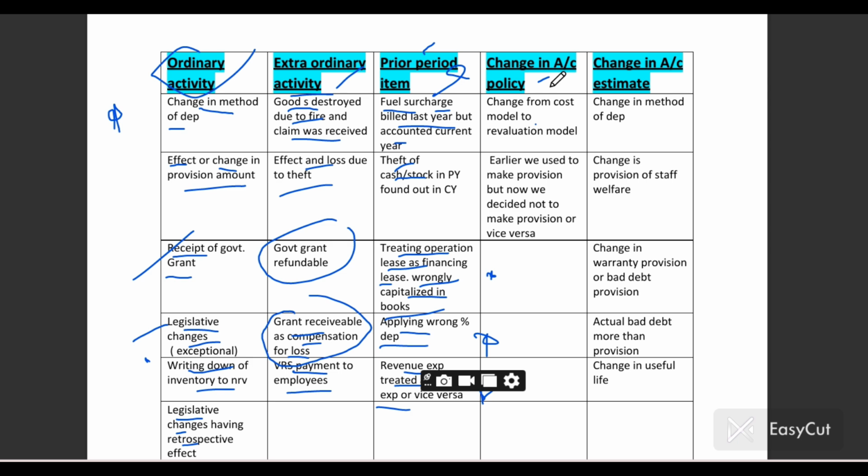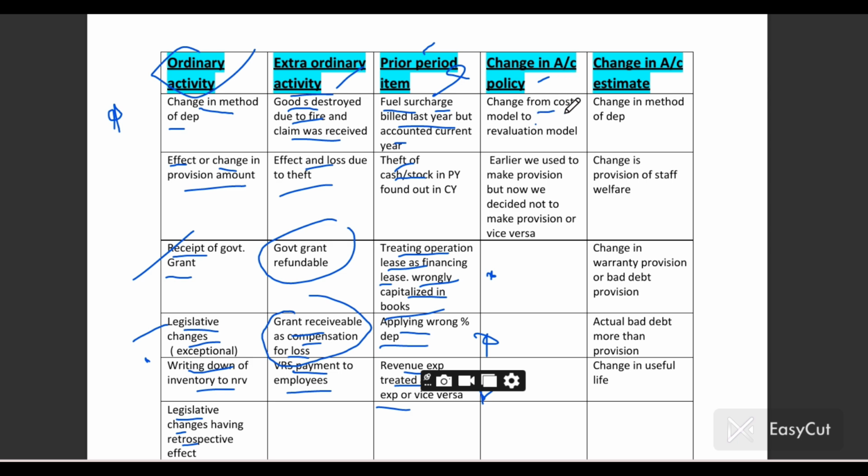AS12 government grant: P&L immediately or deferred and amortized over multiple years. AS13: cost or market value, whichever is lower. AS14: purchase method, net assets to be recorded at fair value. AS16 borrowing cost: capitalized to qualifying asset and or P&L. AS23 investment measured by equity method. AS26 intangible asset measured at cost or fair market value. AS29: to create a provision for any outflow or not. So these are all changes in accounting policies.